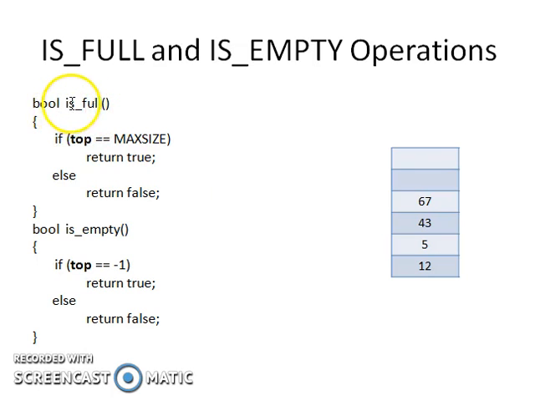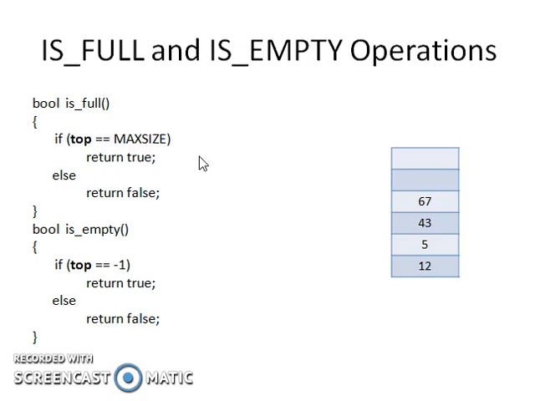The return type of isFull is Boolean, and here we are checking if top is equal to maximum size. So top will become equivalent to maximum size whenever the stack has maximum size number of elements in it.